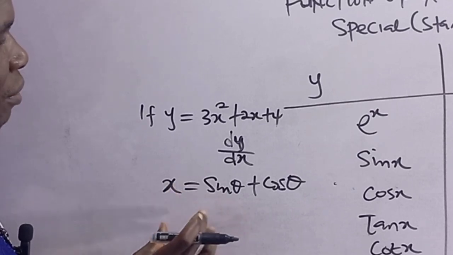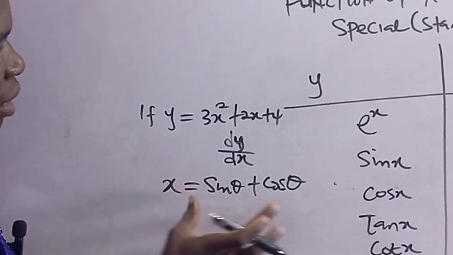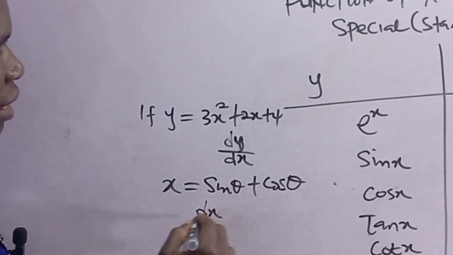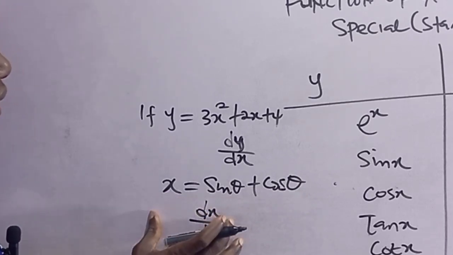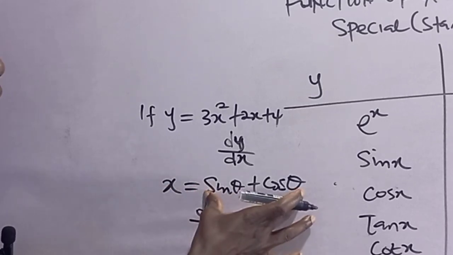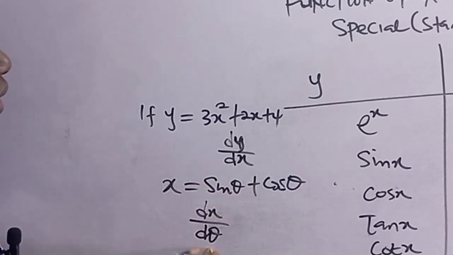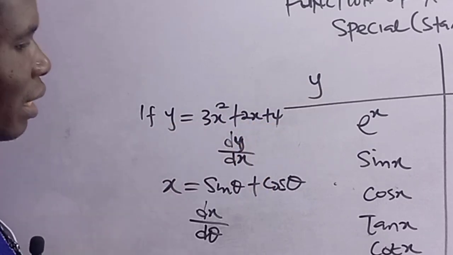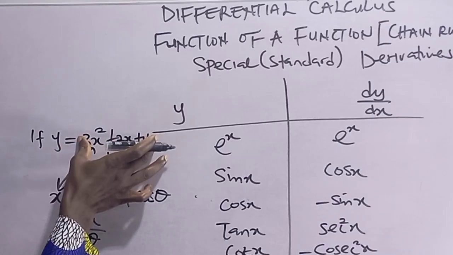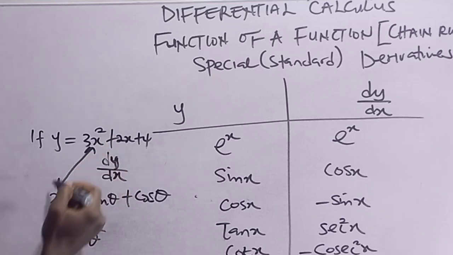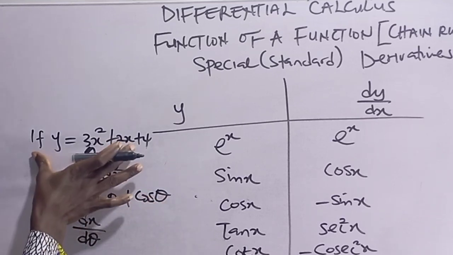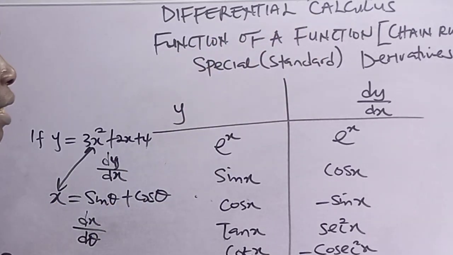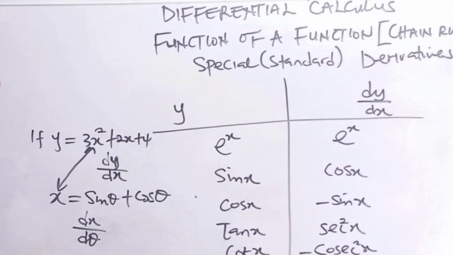So now we can find the rate of change of x with respect to theta, and this will give us dx over d theta, because x is a function of theta. y is a function of x, dy over dx. y is a function of x and x is a function of theta, so we call this a function of a function. That's what we'll be looking at in today's class.